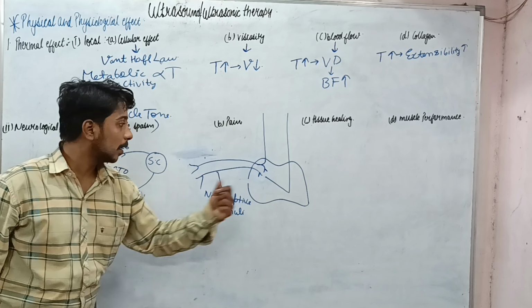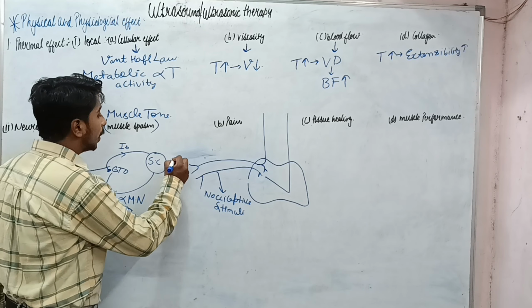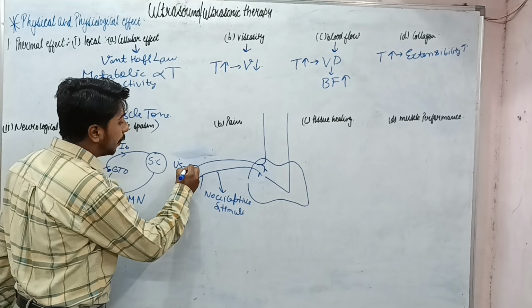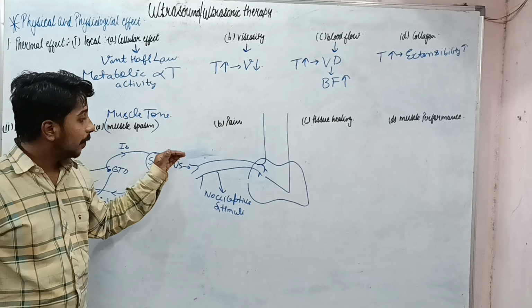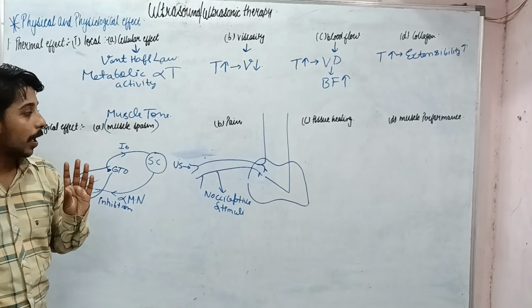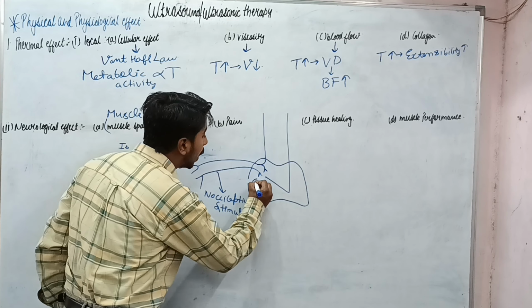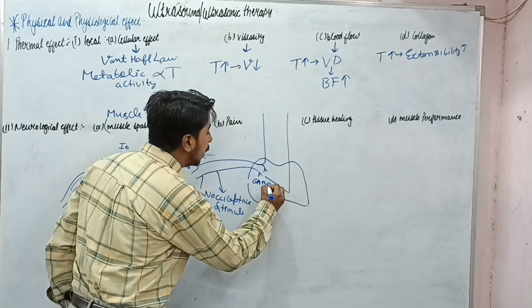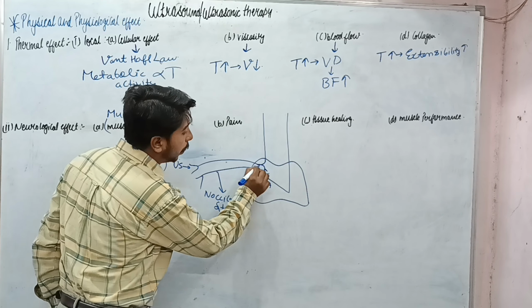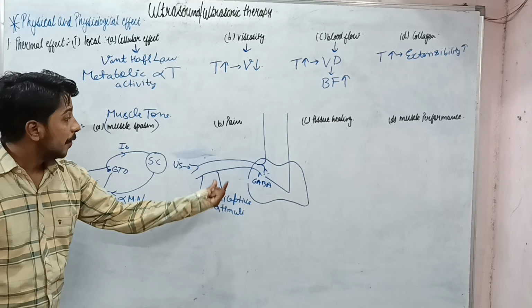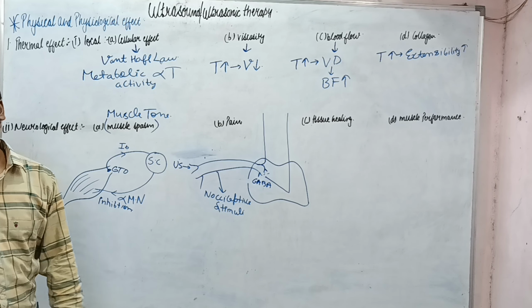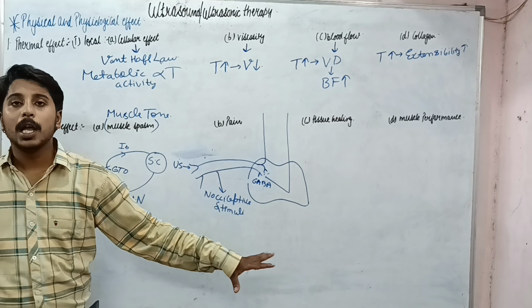But if we give ultrasound, which will produce heating of the tissue, it will cause inhibition by the release of GABA, an inhibitory interneuron. So this collateral will give us GABA, which is inhibitory and will inhibit the pain pathway. That is, the pain gate will be closed.